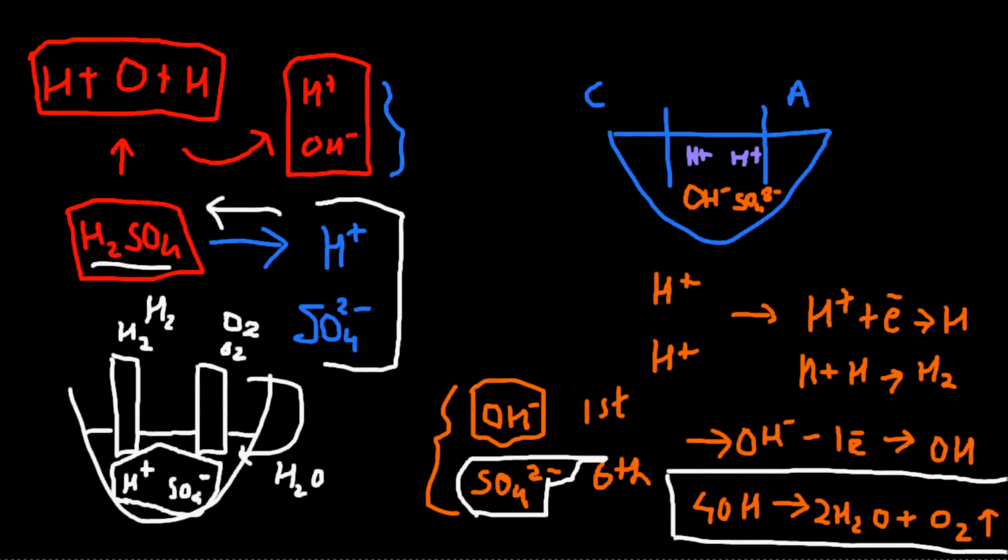The H2SO4 you have over here at the end is equal to the H2SO4 you have over here. So you compare that to the definition of a catalyst. Catalyst also remains unchanged throughout the whole reaction. And also look at the reason in the first place why did we add the H2SO4. That's only because the H2O molecule that's distilled pure water on its own cannot be electrolyzed, I guess.